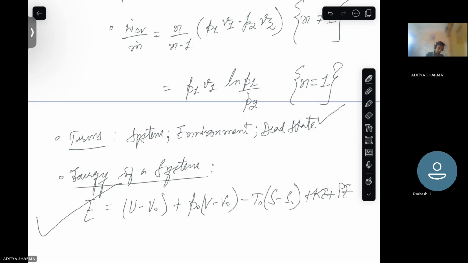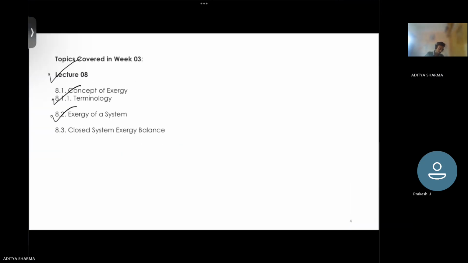Then in this lecture, the last topic is the closed system exergy balance. So in this topic of exergy, we have done two balances.